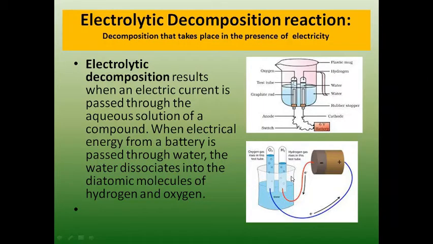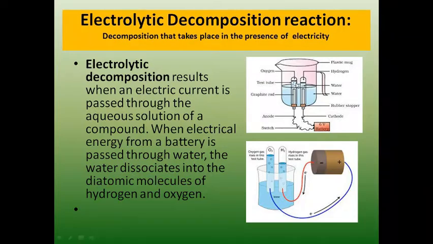When the burning candle is brought near the mouth of this right test tube, the gas in it burns rapidly, making a popping sound. And you must know that hydrogen gas burns with a popping sound. So the gas collected in the right test tube over negative electrode is hydrogen.